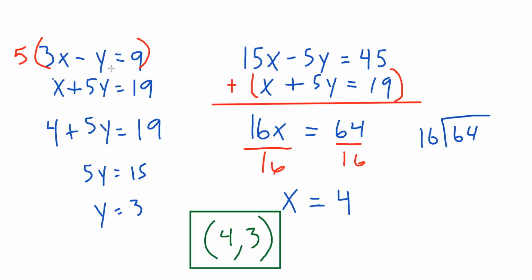Substitute that into the other one. Turns out you'll still get the same solution as long as you do it correctly. So you can use substitution or elimination to solve these equations. It's very useful to have both because depending on the situation, one might be a quicker way to the solution than the other.